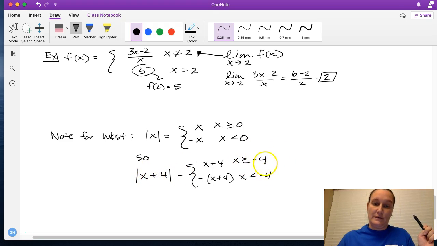So negative 4 makes it 0. So here's negative 4. Greater than, less than. I always put the equal to on the greater than, but you could put it on the less than if you wanted to. The greater than always gets the original thing without the absolute value, and then the less than always gets a negative. And you can distribute the negative if you want, but you're always going to have a negative there. So absolute value is a piecewise function. Very important when you're taking your limits and when we go further on in calculus.